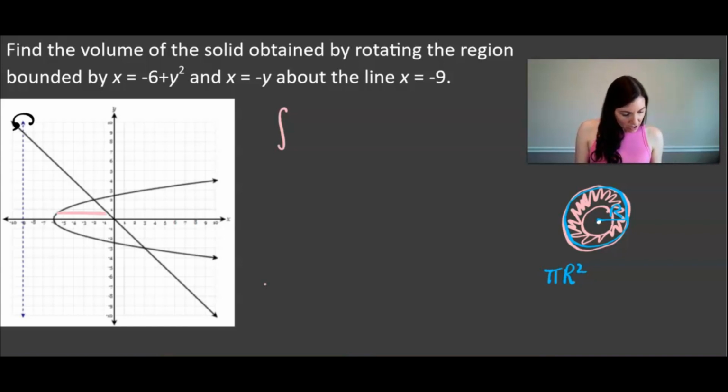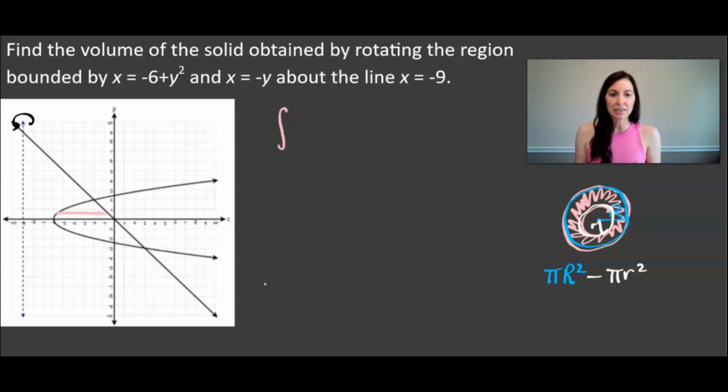Then I want to subtract out this inner circle right here in white, whose radius is lowercase r, so I'm going to subtract off pi lowercase r squared. That difference is going to give me that pink shaded region of what we call a washer.